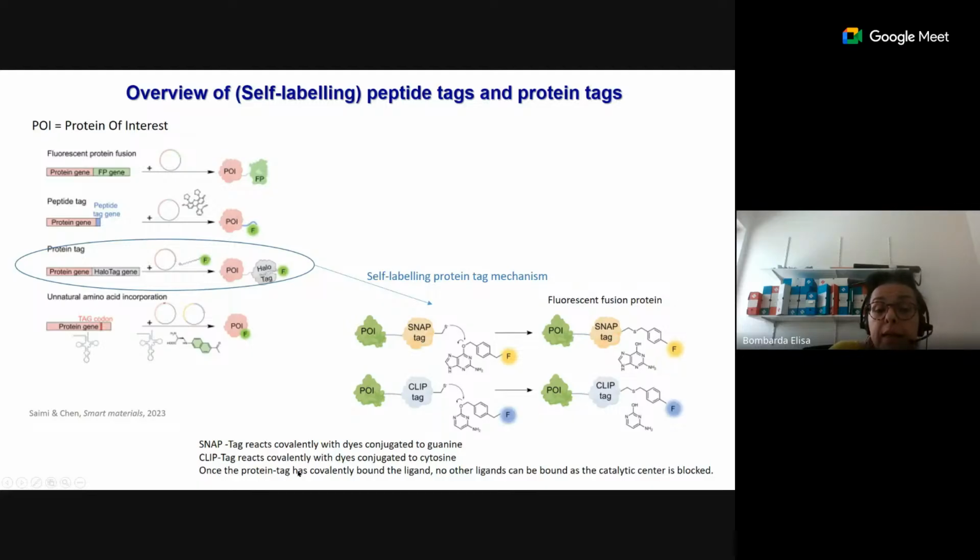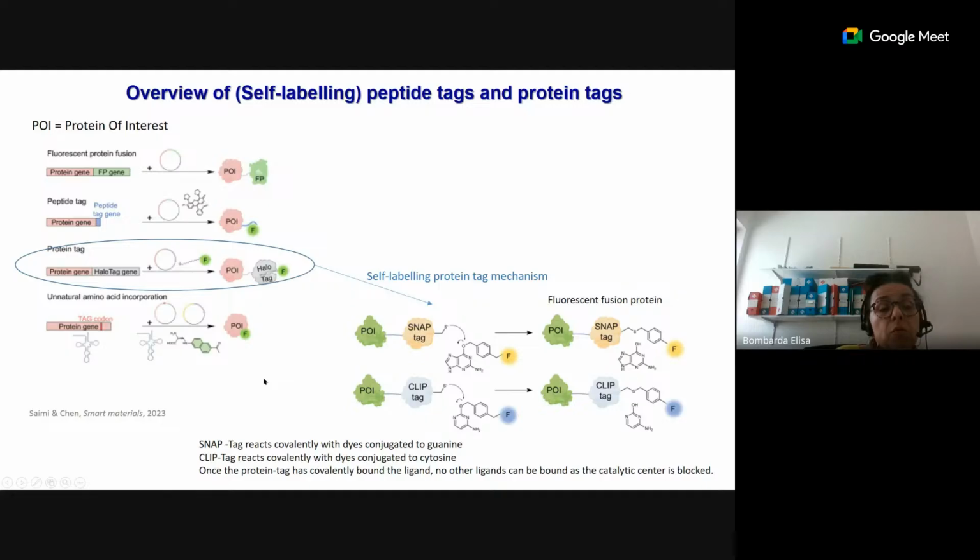Once the protein tag has covalently bound to the ligand, no other ligand can be bound as the catalytic center is blocked. So that is a quite efficient way of labeling a protein through a protein, practically. It's not with the protein, but through a protein.